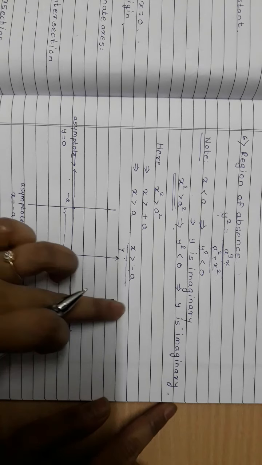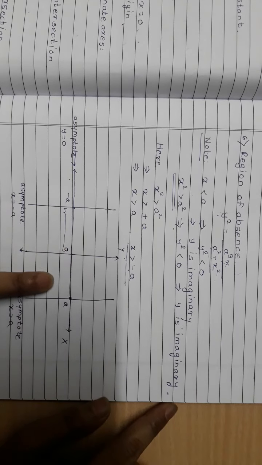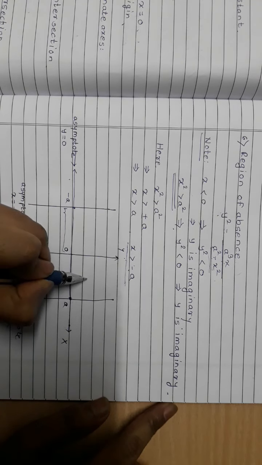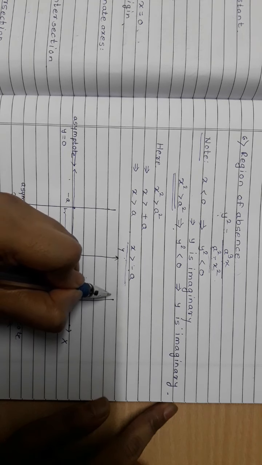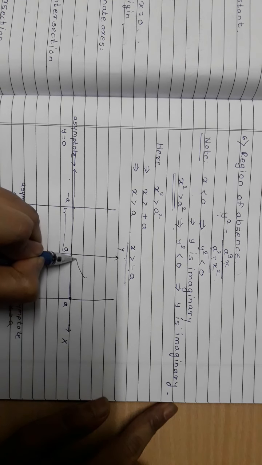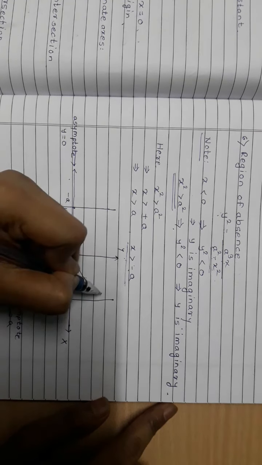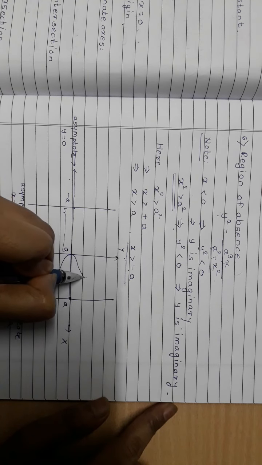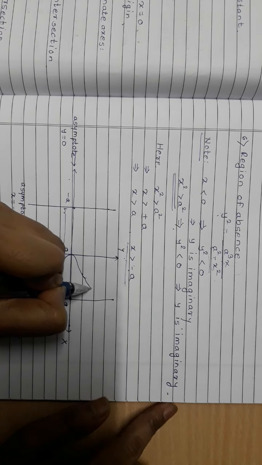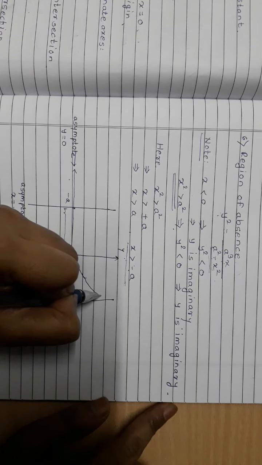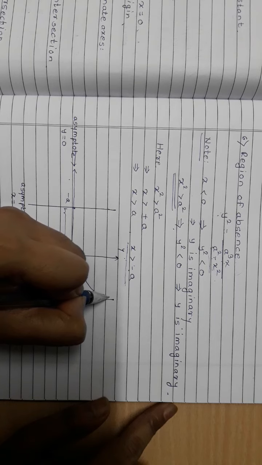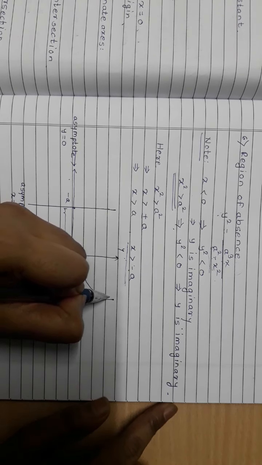So since this is an asymptote, the curve should touch my origin, so it should be drawn like this. It is touching the origin, and since this is an asymptote, that means at infinity the curve will touch the line, but not immediately, so I need to continue like this.